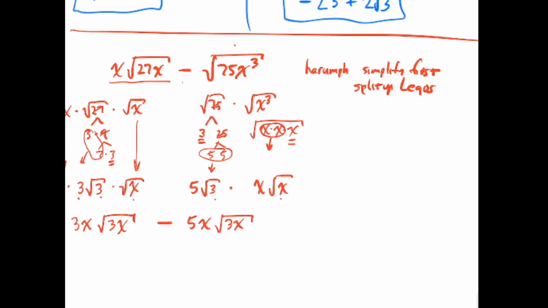Okay. Now, let's look at where we ended up here. 3, oopsie. Okay, 3 times, minus 5 times. Notice the part that I've kind of underlined there.